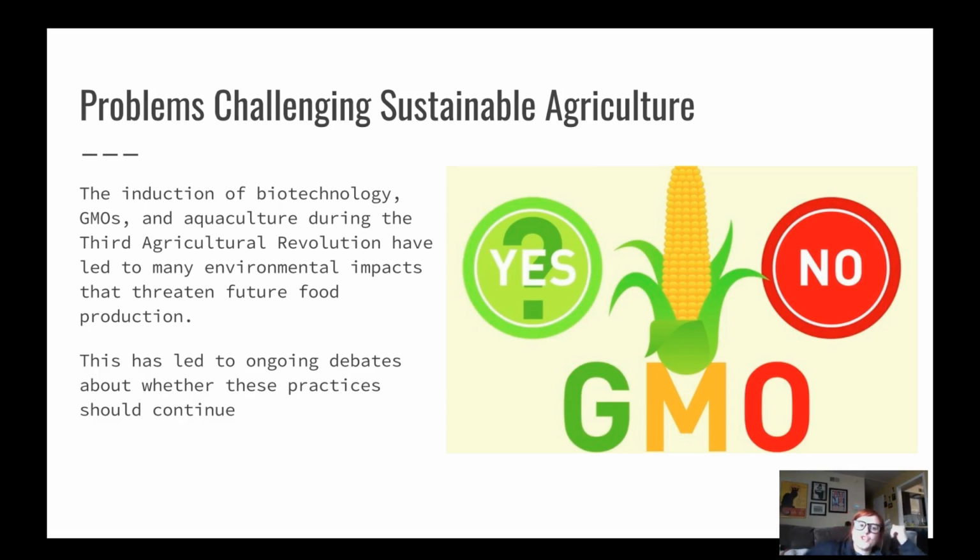Okay, so introduction of biotechnology and GMOs have kind of characterized the third agricultural revolution. Although we're making all of this food, it's actually not a sustainable practice, okay? So this has led to an ongoing debate: we have this huge crop yield, but we're also eroding soil at a faster rate than we ever have before.